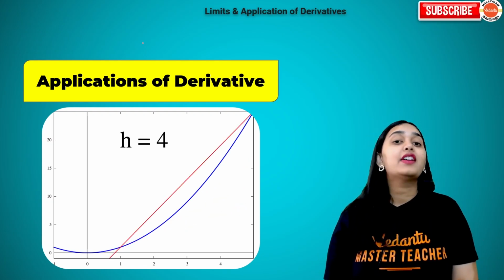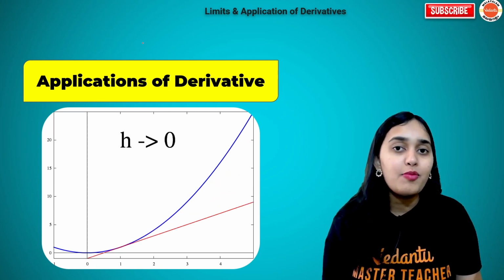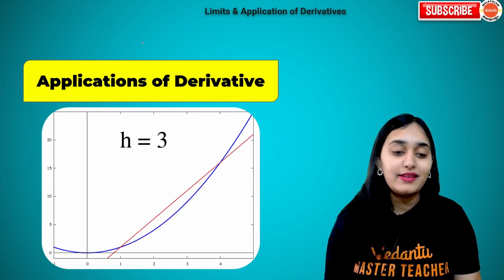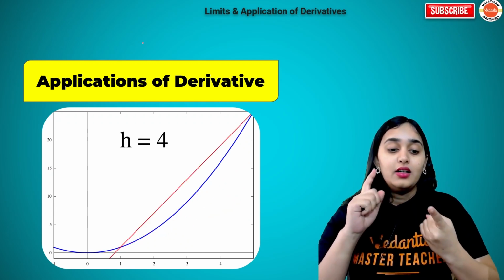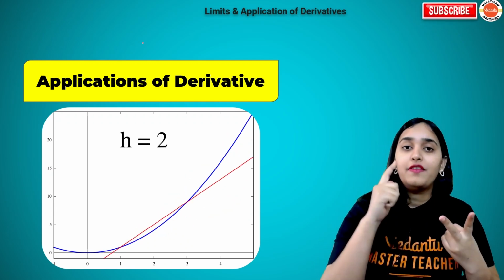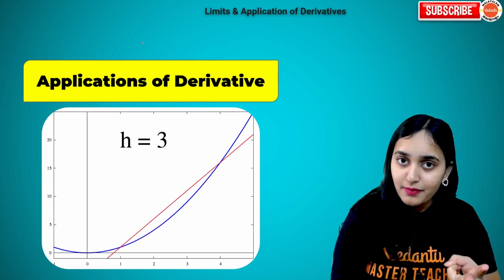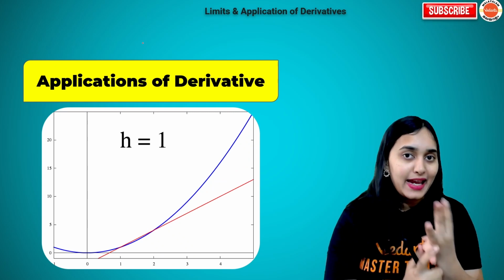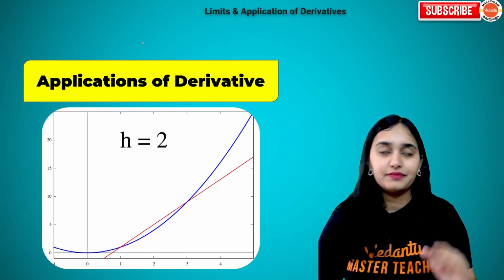I have told you different unique types of problems which will help you solve any question of limit. So try rationalizing it, factorize the denominator, simplify the brackets, apply L'Hospital's rule, f dash x upon g dash x.